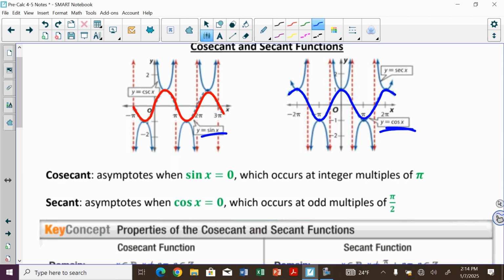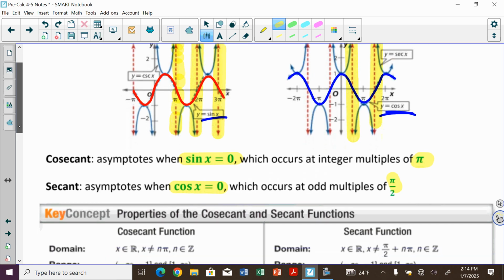Okay, so just to point out, on cosecant we have asymptotes where sine of x equals 0, and that occurs at integer multiples of pi. And then for secant, we have asymptotes where cosine of x equals 0, which occurs at odd multiples of pi over 2. You can see that in the graph up here, where the asymptotes fall at multiples of pi, and over here at odd multiples of pi over 2. Okay, just showing that.